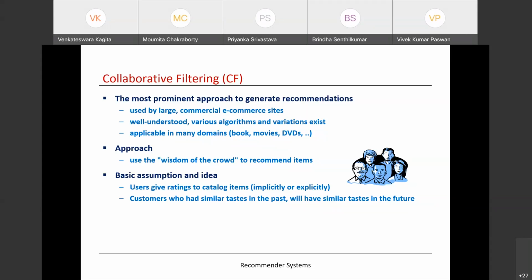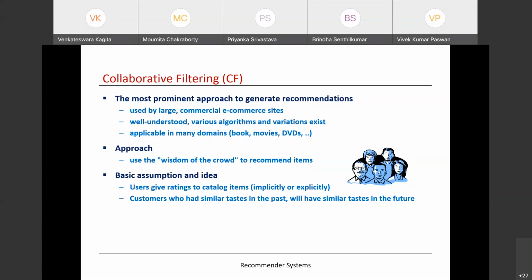So the assumption here is that the user gives his preferences to the items implicitly or explicitly. Okay, so this is one assumption of collaborative filtering. Okay, and if this is not there, I mean, if giving preferences by the user is violated, if it cannot be captured, then collaborative filtering may not work. Alright.